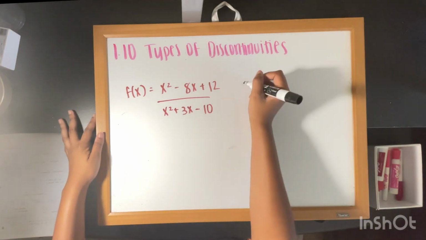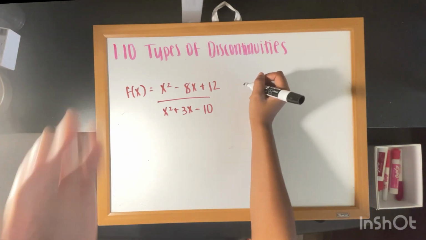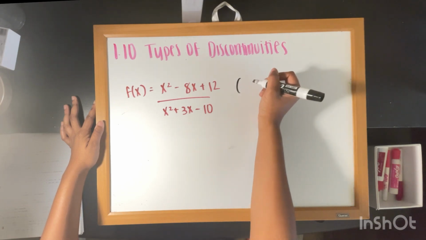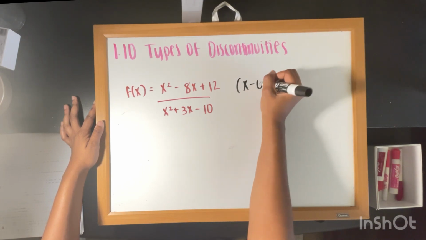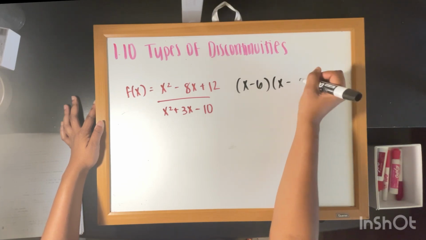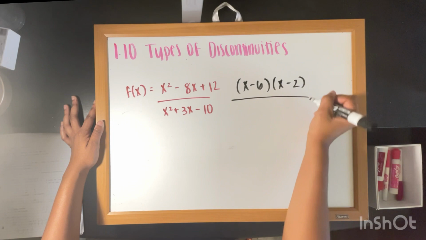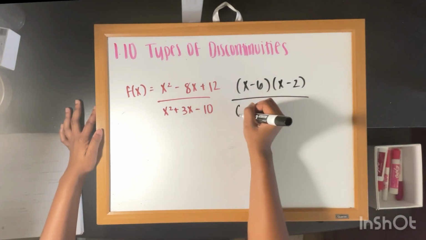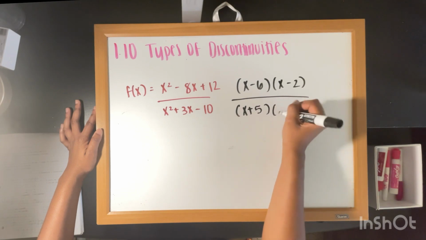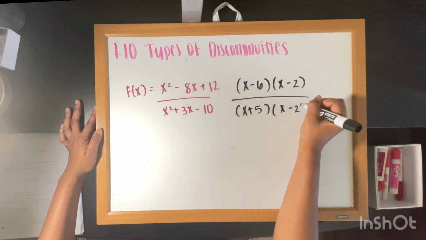So on my numerator, I would have x minus 6 times x minus 2. And in my denominator, I would have x plus 5 and x minus 2.